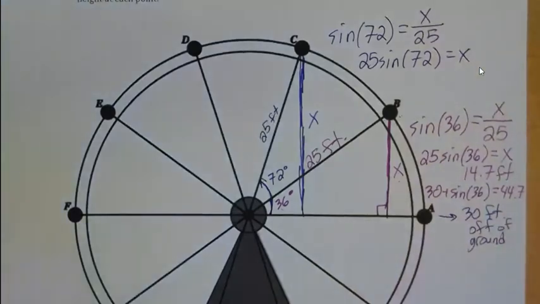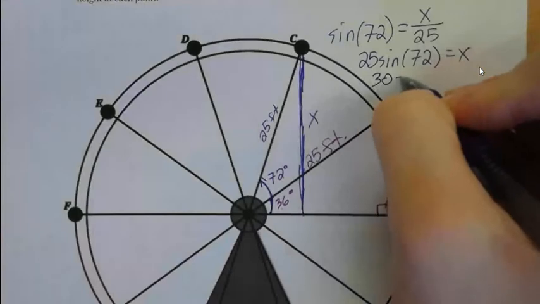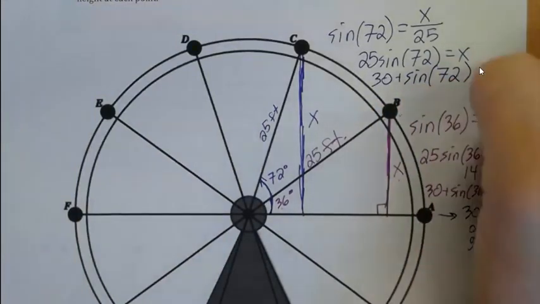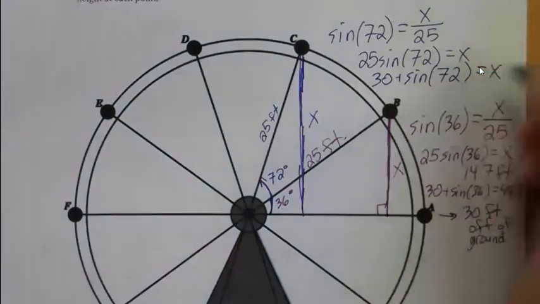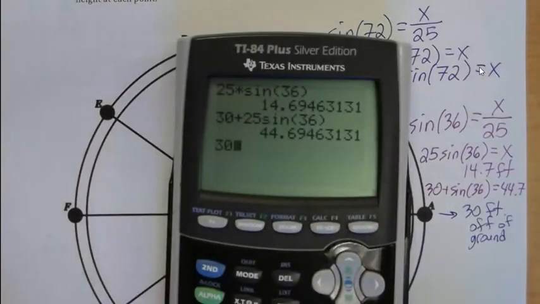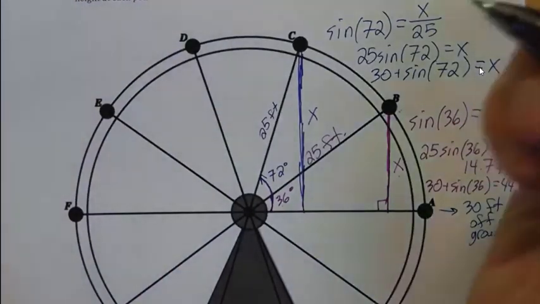And then we know there has to be 30 more than that, whatever that answer is for x. So I would do 30 plus 25 sine of 72 is equal to the height. And I can just put that right in my calculator: 30 plus 25 sine of 72 degrees. And that is 53.77.